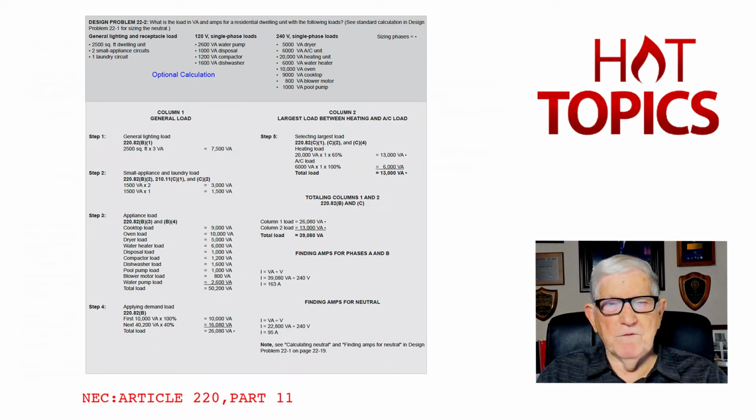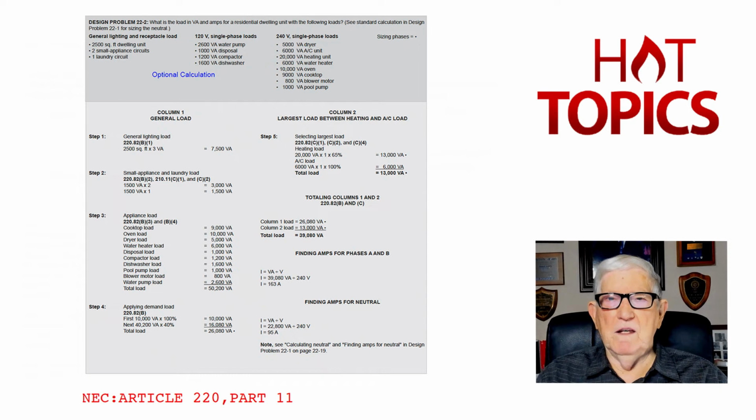So we take the first 10,000 at 100%, as we're instructed to do, 220.82 B as in boy, 10,000. 10,000 from 50,200, we have 40,200 now at 40% that we're allowed to apply. We come up with 16,080. Totaling it, 26,080 VA that we would have there.